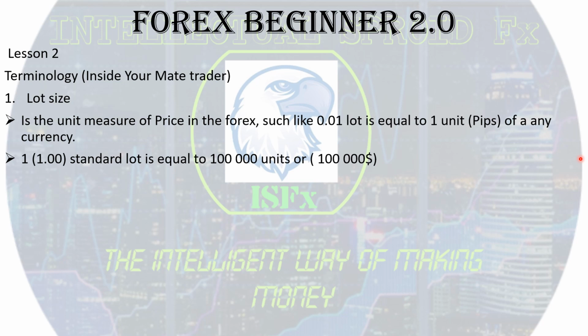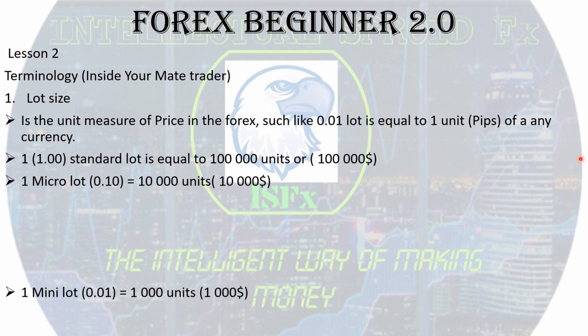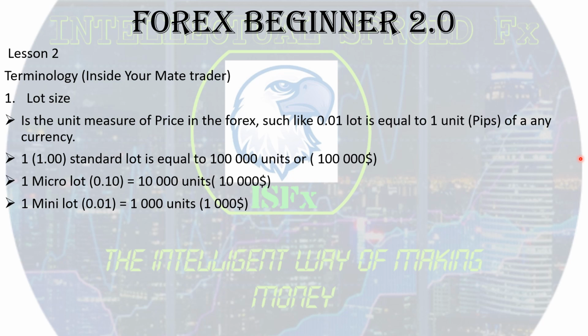That means $100,000. And then your one micro lot, that means 0.10, is equal to 10,000 units. It means $10,000. And then your one mini lot means that you are on 1,000 units.